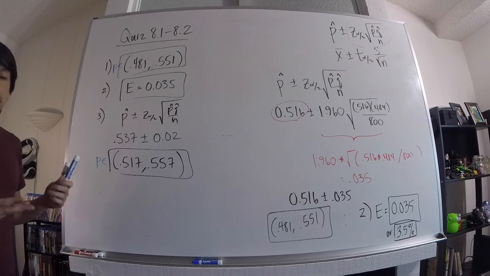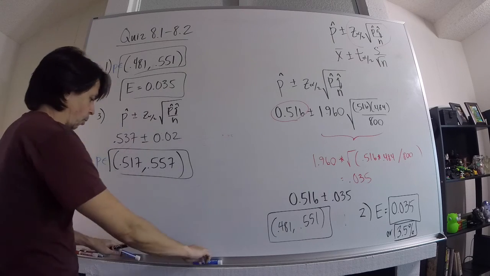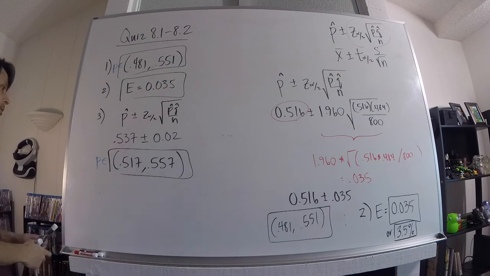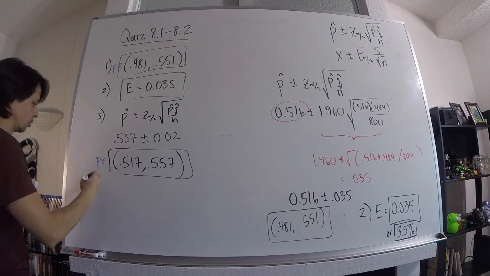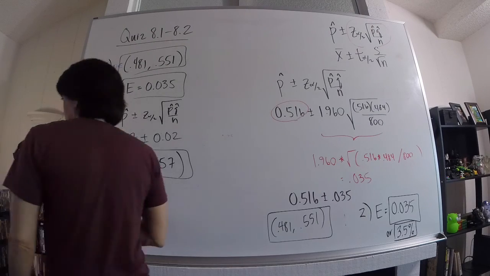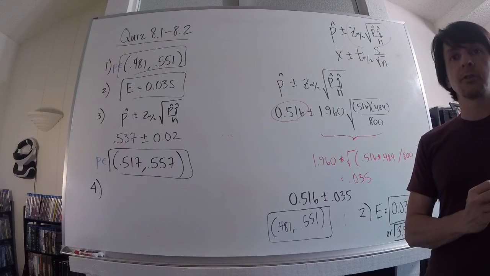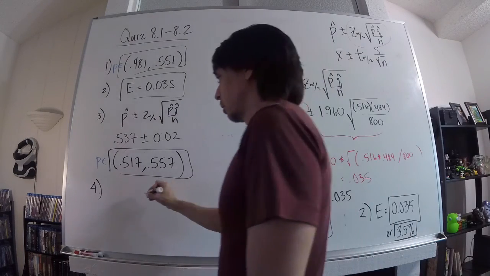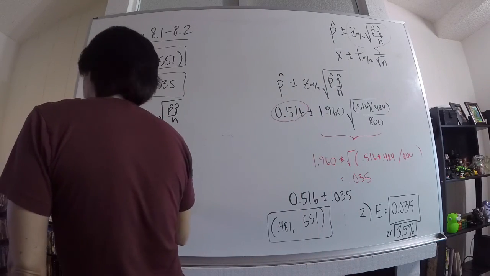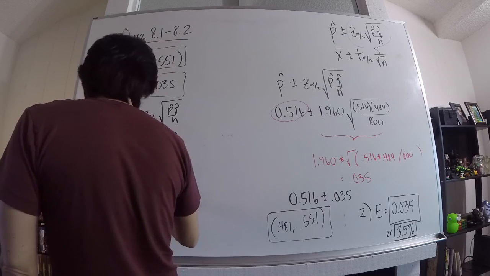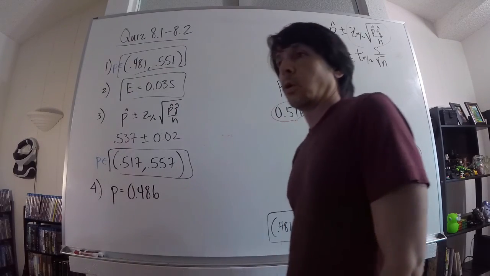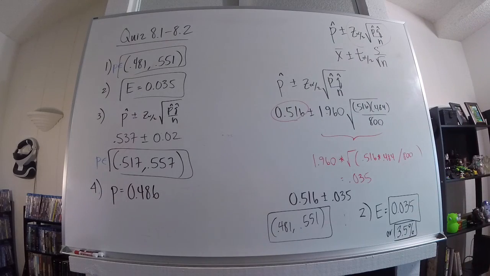Both of them could be correct, both could be wrong, or one could be correct and one wrong. So for number 4, hypothetically, on election day, the true proportion turns out to be 48.6%. So p is equal to 0.486.